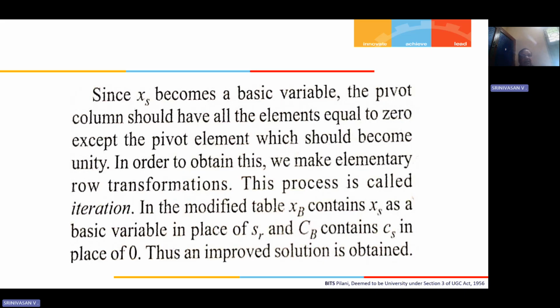This you have already seen in solving systems of equations by the Gauss elimination method with partial pivoting. So make the pivot element unity. When the pivot element is made 1, the other elements should be made zeros by elementary row operations, which we know very well. This process is called iteration.